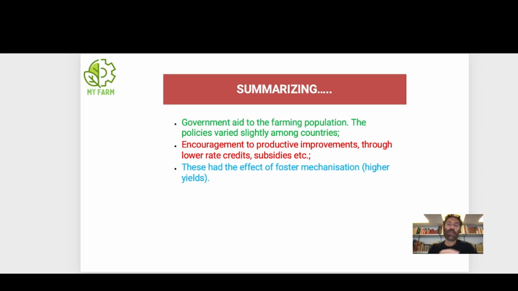This had a strong effect in fostering mechanization, which resulted in higher yields and a higher amount of production in the European countries, which in a very short time became one of the largest exporters of agricultural products around the world.